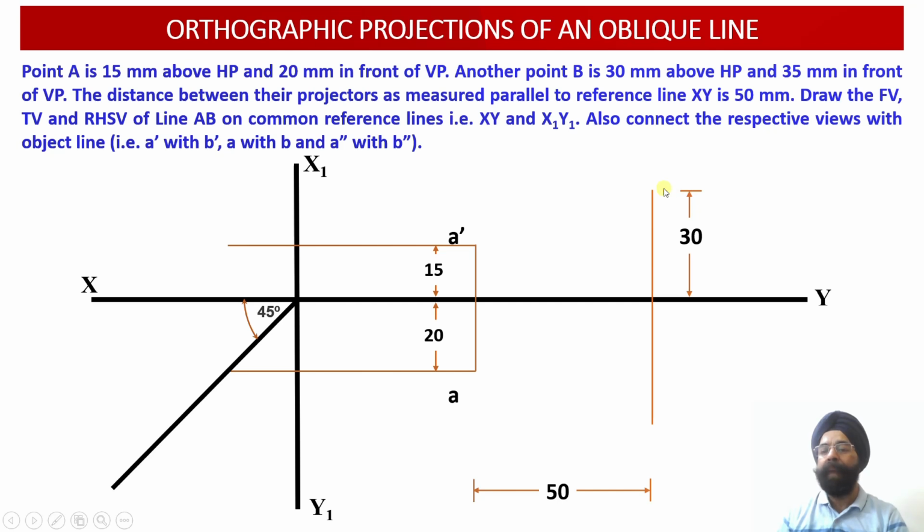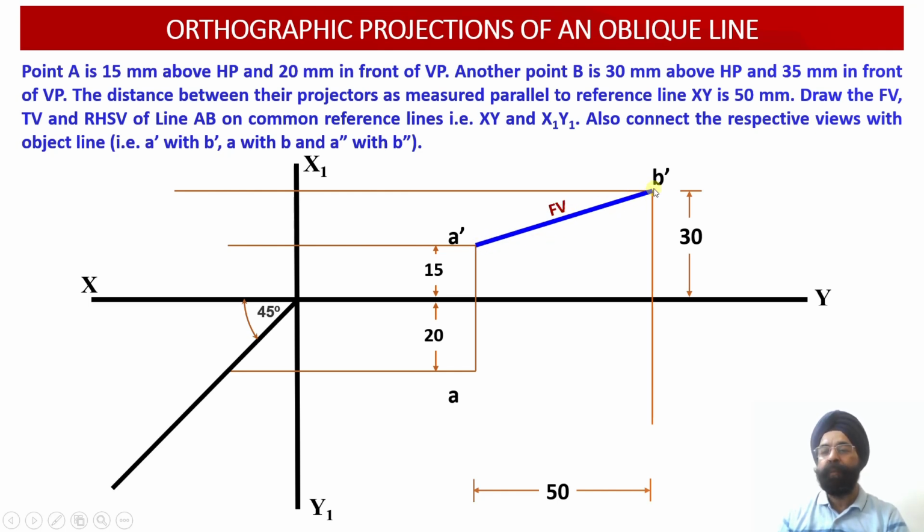Having marked this distance, we can mark the location of the point B dash in the front view projection. So we have obtained A dash, and we have obtained the point B dash corresponding to the end B of the line. Now we can join points A dash and B dash, so we will be able to obtain the front view apparent length of the line above the XY reference line over here.